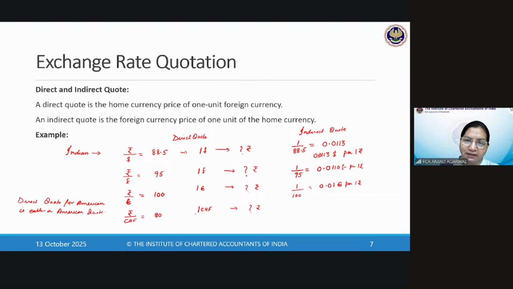So once again, a quick recap: a direct quote means how much home currency you have to pay or you will get for 1 unit of foreign currency. An indirect quote, on the other hand, means how many units of foreign currency you will pay or get for 1 unit of your home currency, whether you buy or you sell. This is the exchange rate quotation for direct and indirect both.